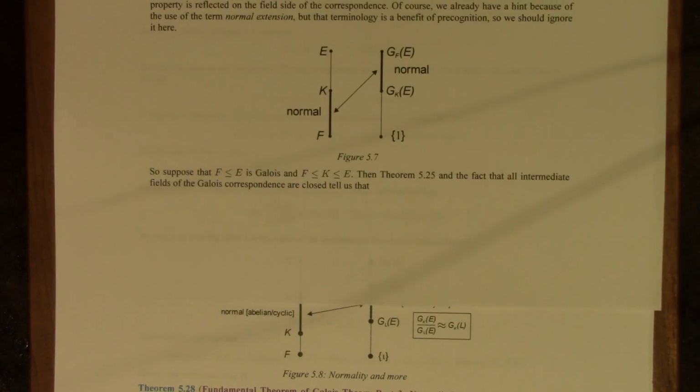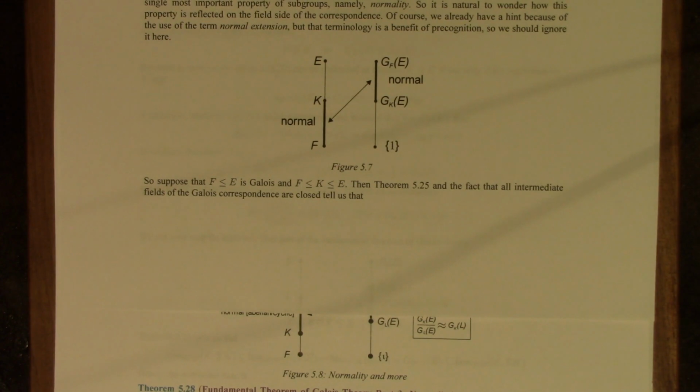Actually, that's not such a bad idea, but as long as you understand what I'm saying, it doesn't matter that we use the term normal extension well before we define the Galois correspondence.